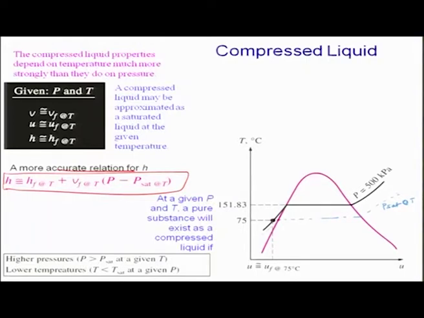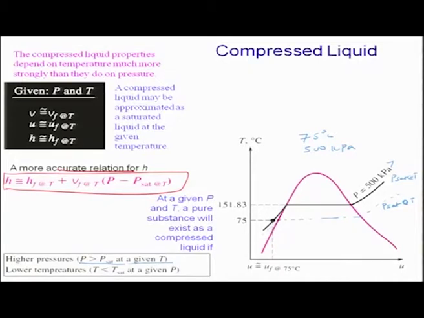Basically the system is at 75 degrees Celsius and 500 kilopascal. If you look at it, the pressure P here is greater than P sat at T. So that is the condition we have: P should be greater than P sat at a given temperature.